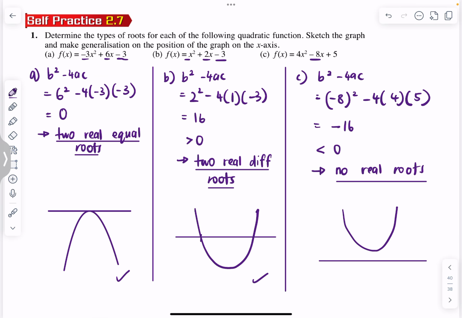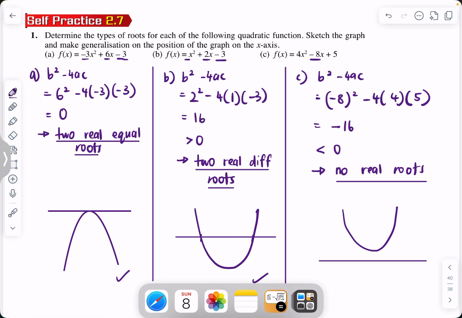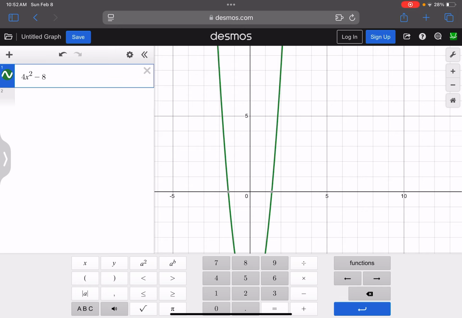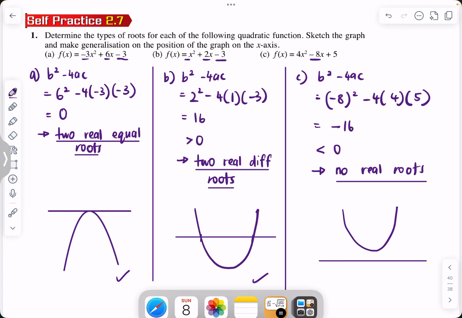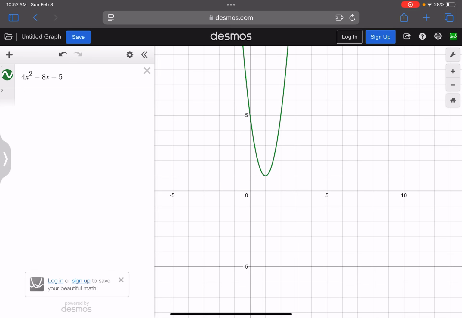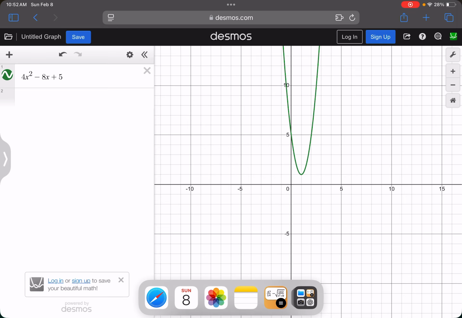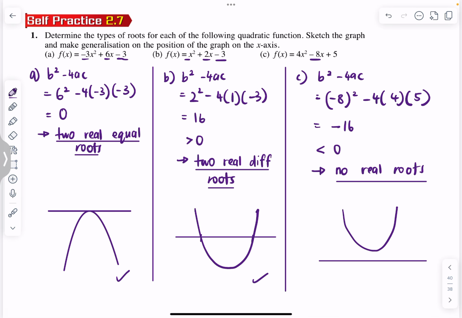And lastly, 4x squared minus 8x plus 5. Yes, correct. So you can see here the graph doesn't touch the x-axis. So it is floating above the x-axis, but a smiley face. So this is correct. Okay, so these will be our answers.